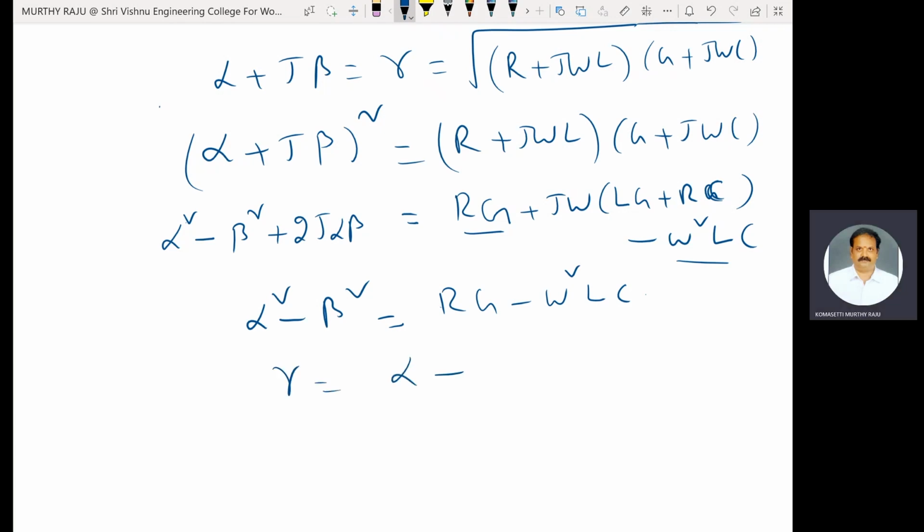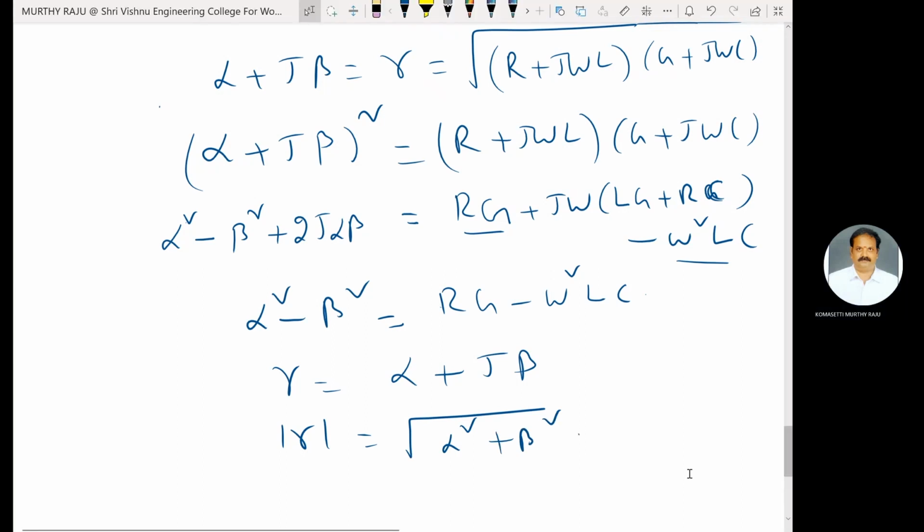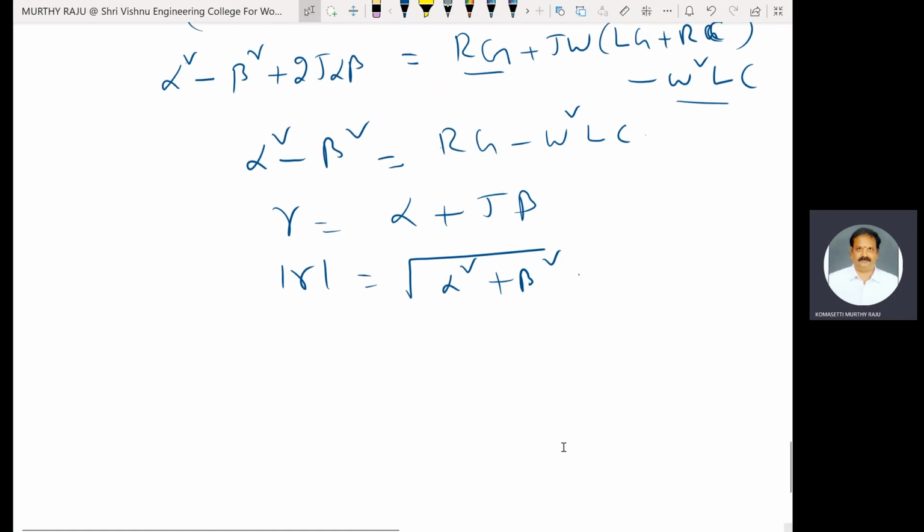Gamma is equal to alpha plus j beta, so mod gamma is equal to square root of alpha square plus beta square.